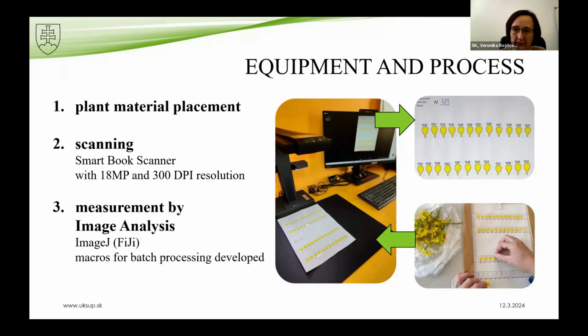There are 24 petals or cotyledons for each variety in 2 replications that we need to measure, which are scanned and saved as a JPEG image. When all varieties are scanned, all images are then batch processed by the ImageJ software. We developed and optimized macros for the measurement of all these named characteristics of cotyledons and petals. Next slide, please.